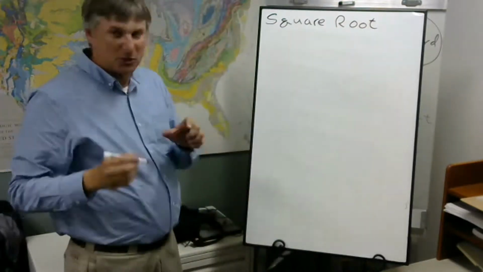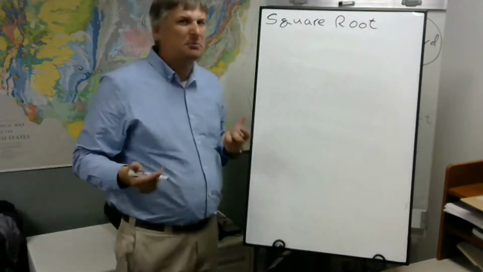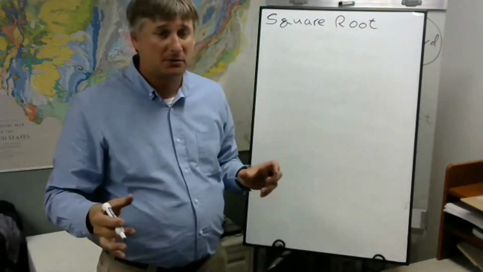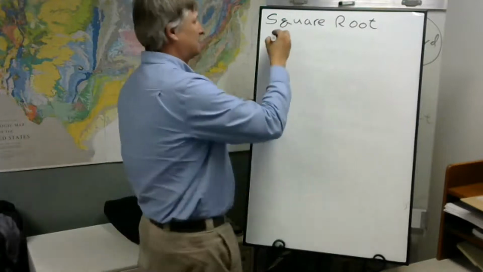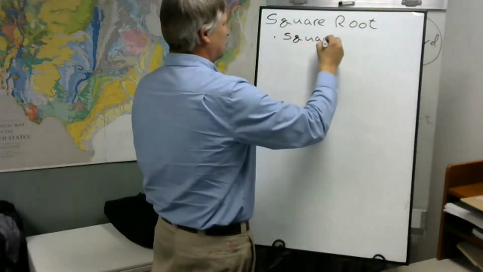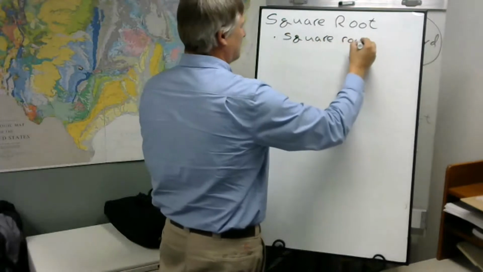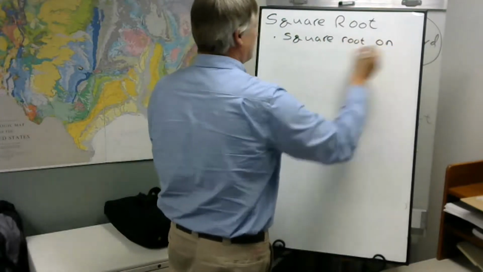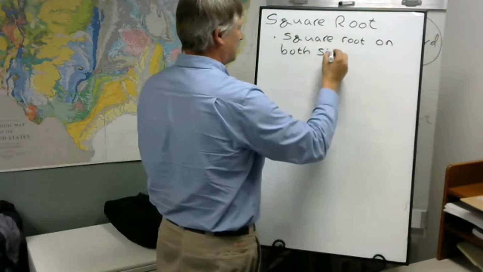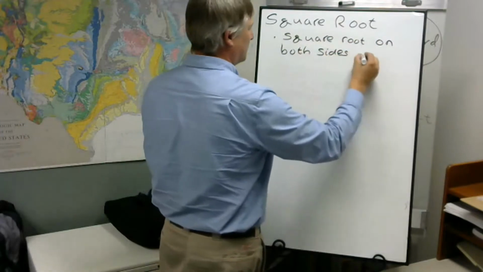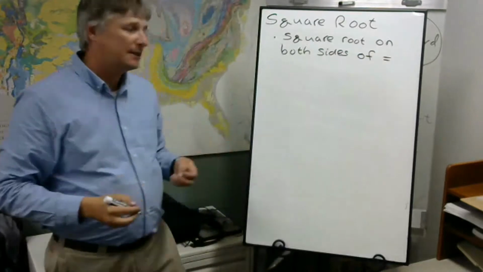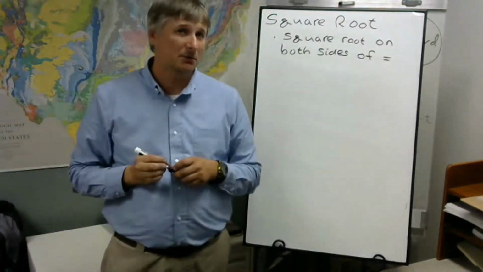So let's go through one of these. There's different types of problems where you're going to take the square root of both sides to solve for x. You're going to take the square root on both sides of the equal sign.